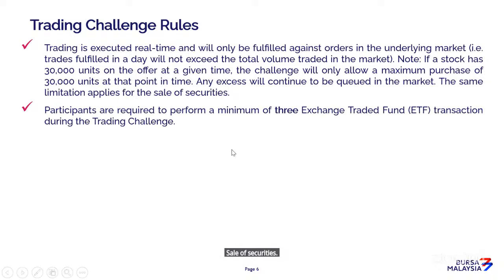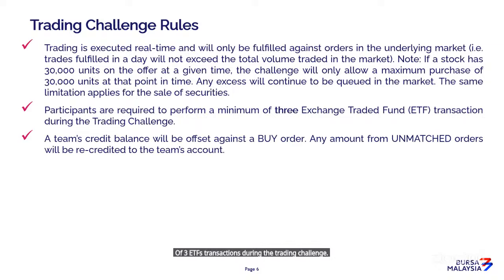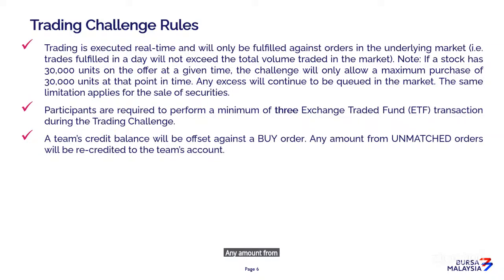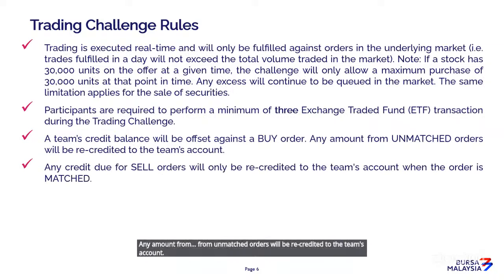Next, participants are required to perform a minimum of 3 ETF transactions during the trading challenge. A team's credit balance will be offset against a buy order. Any amount from unmatched orders will be recredited to the team's account.